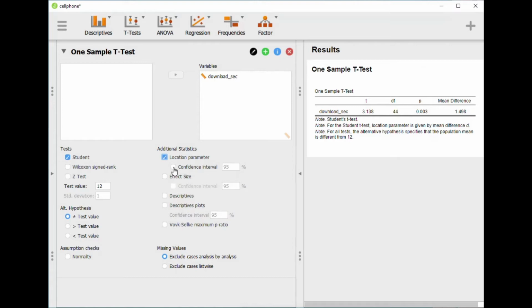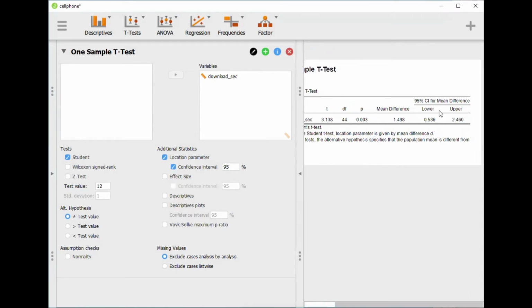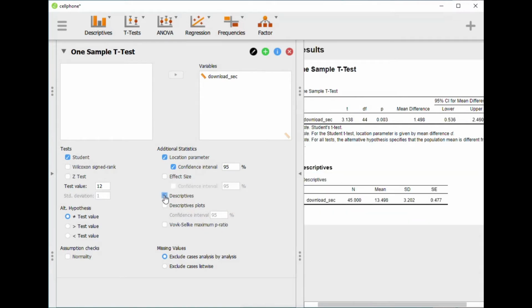Now we also want to select confidence interval 95%. I'm going to move this over just, nope, can't. And you'll see that it adds the 95% confidence interval for the mean difference here. Something that's also going to be very helpful for us is clicking on descriptives.